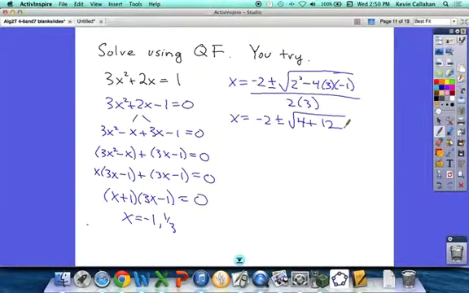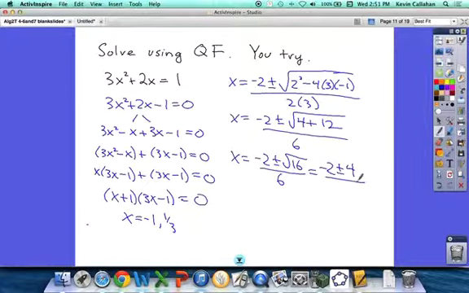This is a common place to make a mistake, because the formula's got a minus in it, but one of these numbers is also negative. That means it's going to be a minus a negative, which makes it a plus. So that's actually 4 plus 12, 16. X equals negative 2 plus or minus the square root of 16 over 6, which is negative 2 plus or minus 4 over 6.